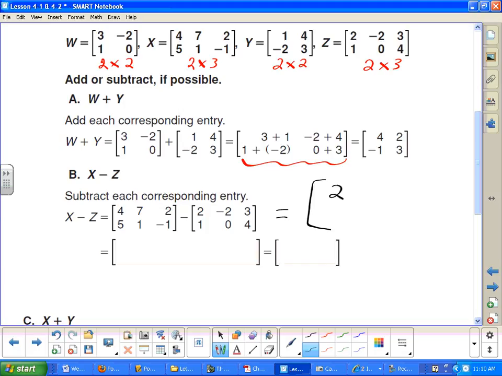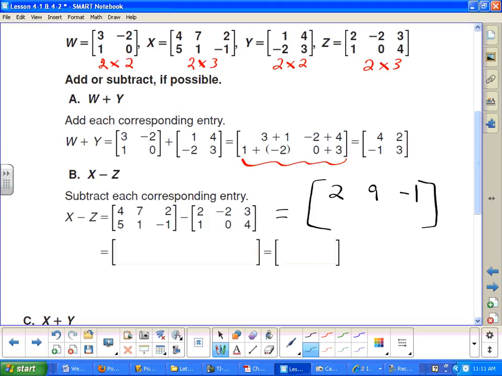So my row 1, entry 1 will be 2. 7 minus negative 2. It means we're going to add, so we get 9. 2 minus 3, negative 1. All right, so there's our first row.